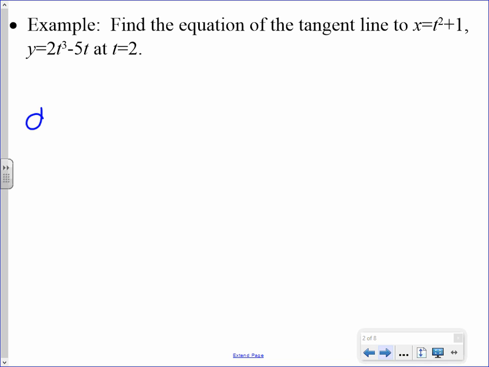So, dy/dx is, what is the derivative of y with respect to t? 16. And x with respect to t. Okay, dy/dx, derivative of y divided by derivative of x.